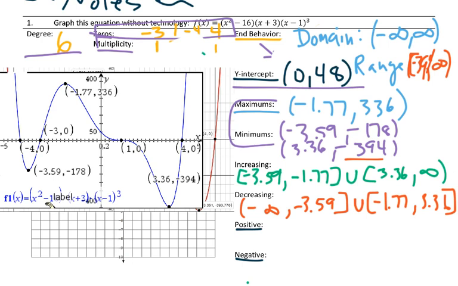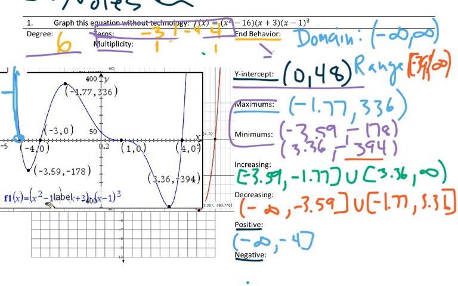So I start out, as I'm at negative infinity, I'm positive, positive, positive, positive. And actually, I want to do blue for positive, till I hit that 0. So I start out at negative infinity, and I know it's going up, but we're thinking x values, so we're going to the left. We start clear out here at the left at negative infinity, and we're positive till we hit negative 4.